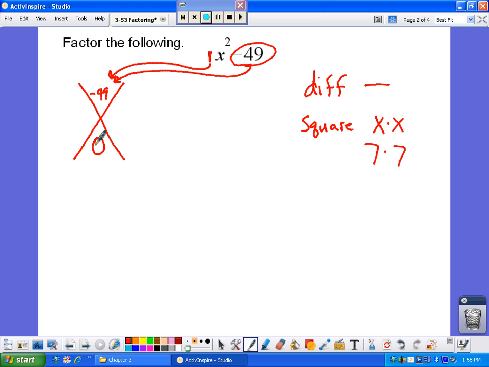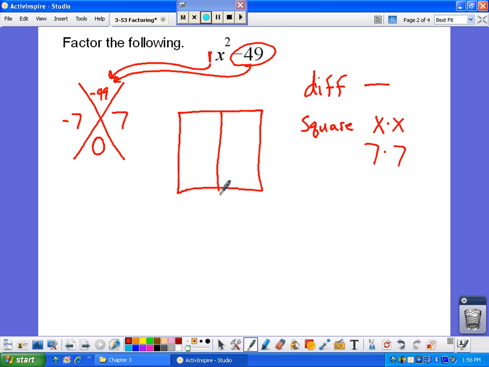I have 0 x's. So what multiplies to give me negative 49 and adds to give me 0? I know 7 times 7 is 49, and if one of them is negative, negative 7 times 7, and negative 7 plus 7 is 0. So there we go. And you can also do the generic rectangle, the box.